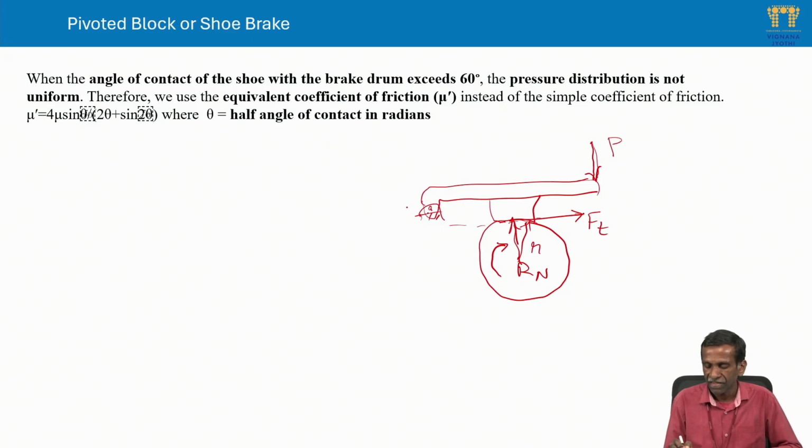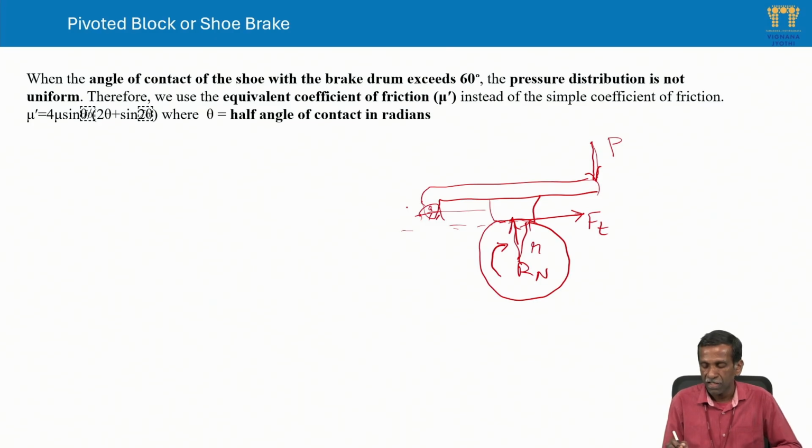That is one case. If the line of action of the tangential force is just above the pivot point, then the moment about the pivot point due to Ft is in the same direction as the effort applied, moment of effort about O. So it is supporting, helping to apply the brake.